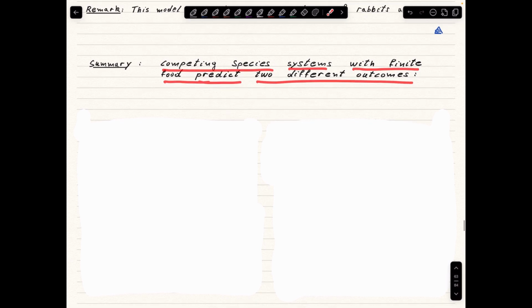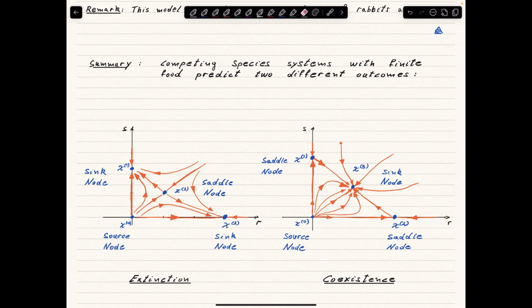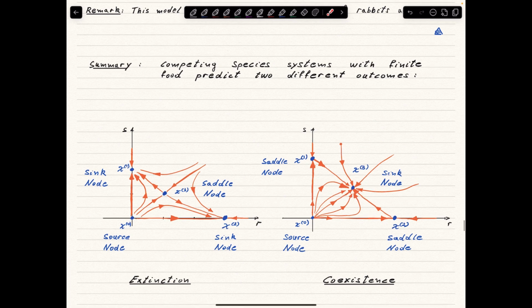Either you get extinction, which means one of the species goes to 0, or you obtain coexistence, where no matter where you start, as long as both initial data are different from 0, you end up here. Both species coexist with finite populations. The different outcome depends on the coefficients of the system.